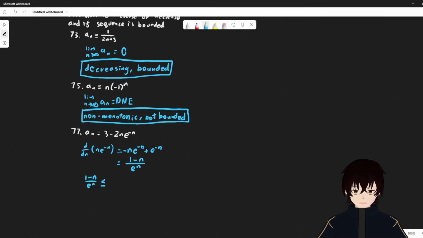The slope is either 0 or negative when n is greater than or equal to 1.